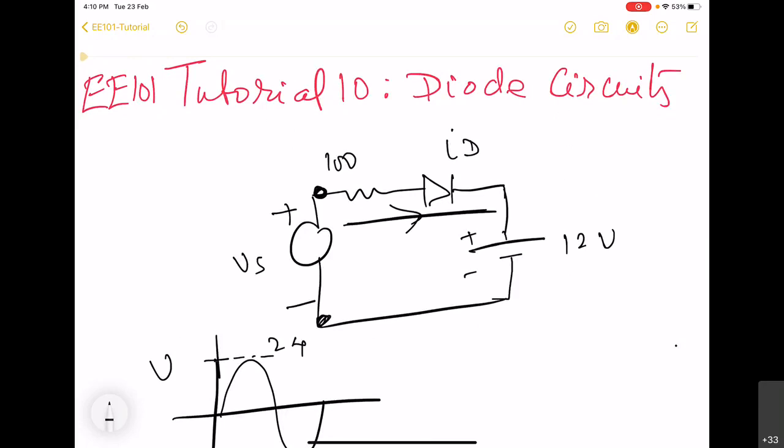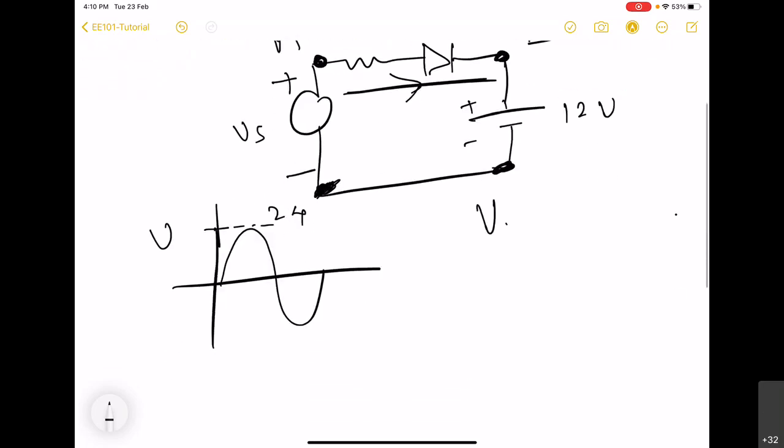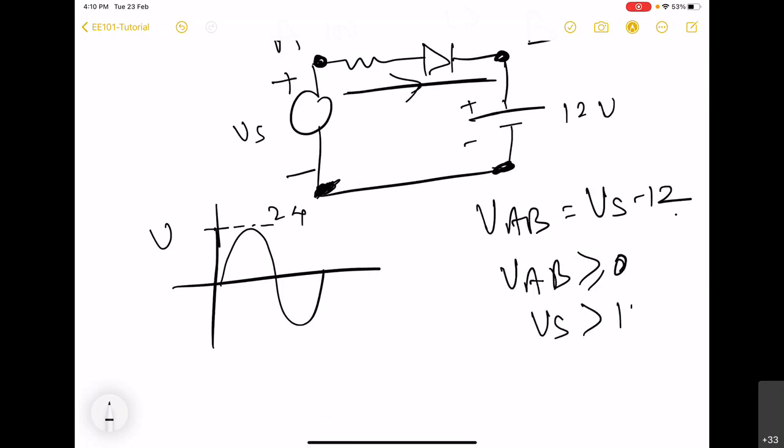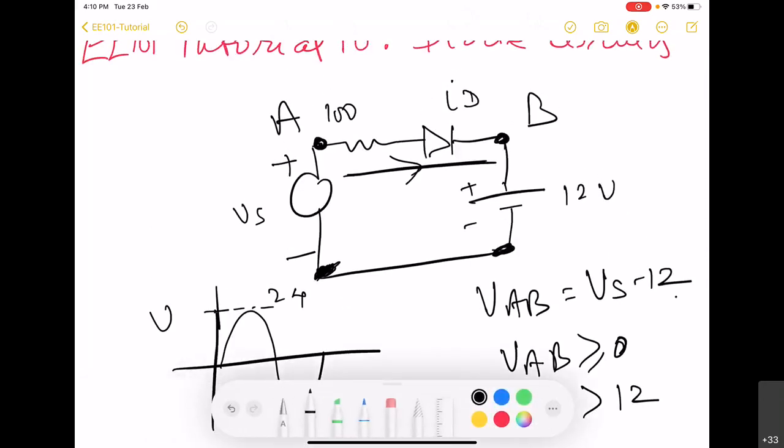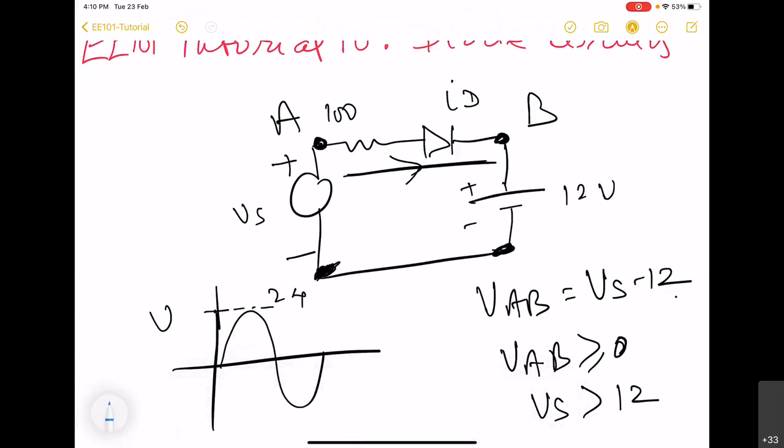So the diode will turn on, provided the voltage difference between node A and B is positive. The other end of the source and plus 12 are connected here. So this VAB is Vs minus 12. So VAB should be greater than or equal to 0, that means Vs should be greater than 12. Only in that case there will be forward biasing and the diode will turn on.